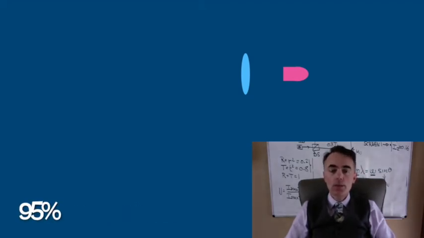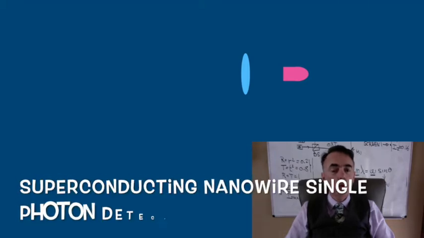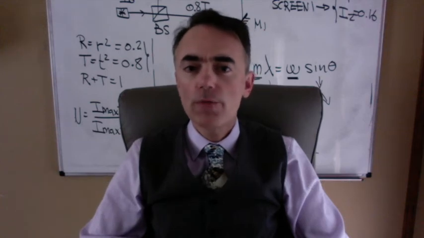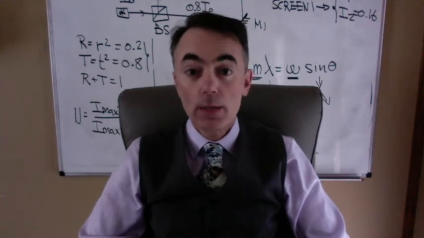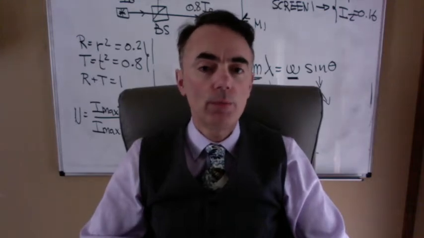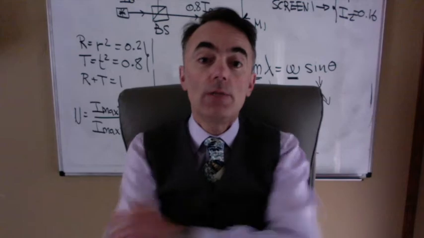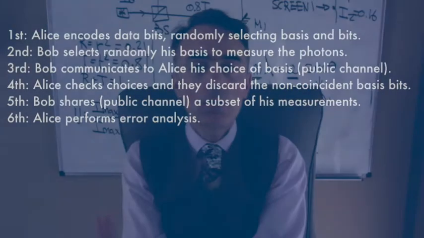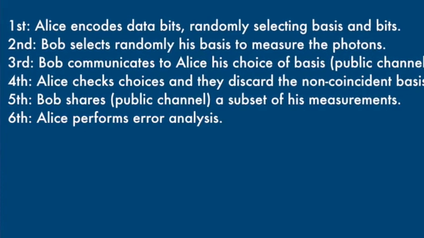Some can reach 95%, but they tend to require temperatures of 4 Kelvin. All of this, of course, will affect the key that Alice and Bob can generate, but this won't leak information to Eve. This will shorten even more the shifted key that they will generate, but for this, there is nothing that Alice and Bob need to do about it.